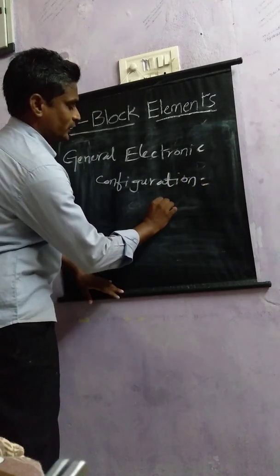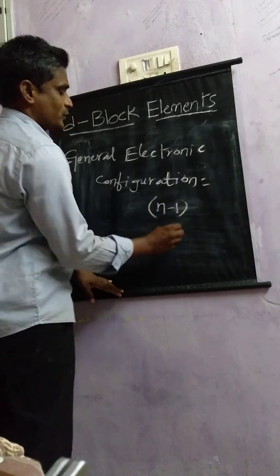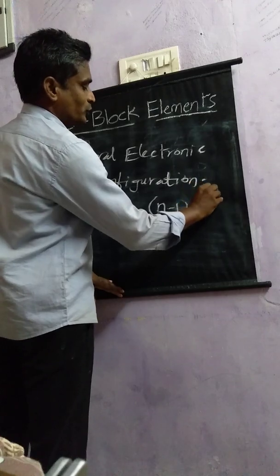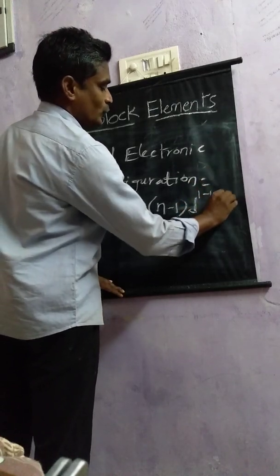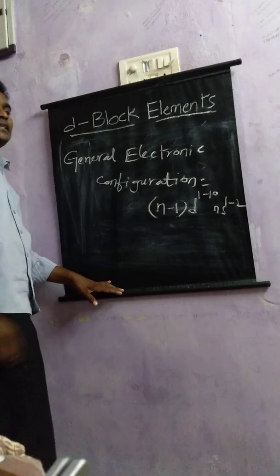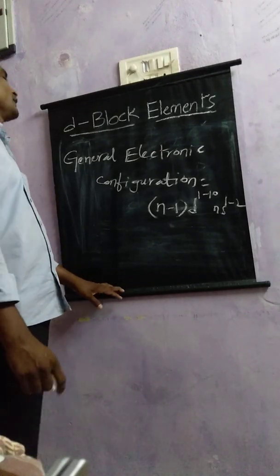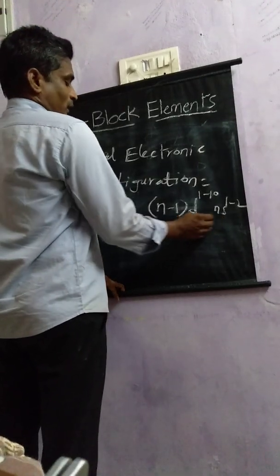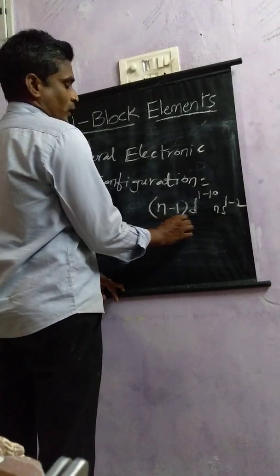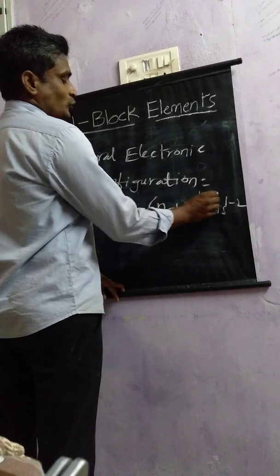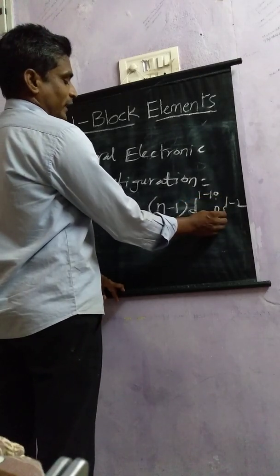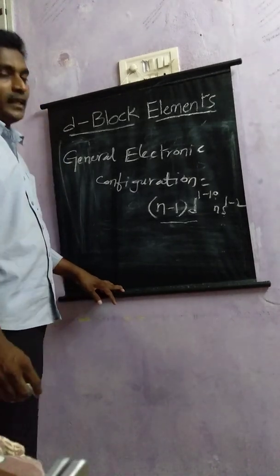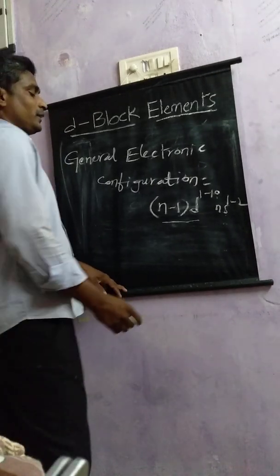So the general electronic configuration is (n minus 1) d 1 to 10 ns 1 or 2. This is the general electronic configuration of D block elements. See, (n minus 1) d 1 to 10 and ns 1 or 2. This is the general electronic configuration.